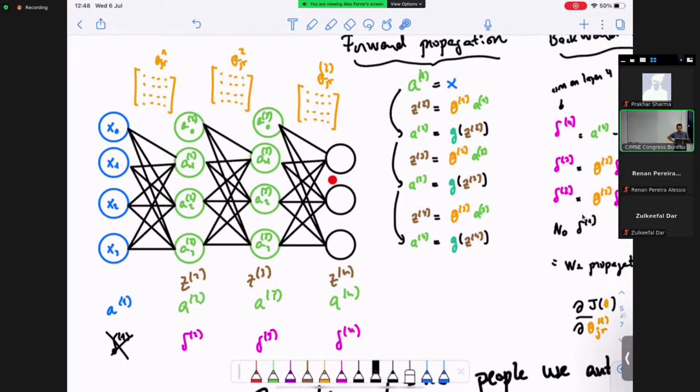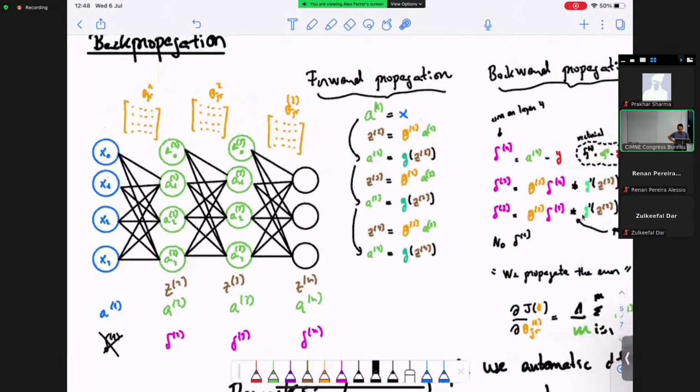Then this is forward propagation. If you want to compute the gradient, you have to take all the a's, from the left to the right. Then with the last one, you subtract y. Then you have your first delta.